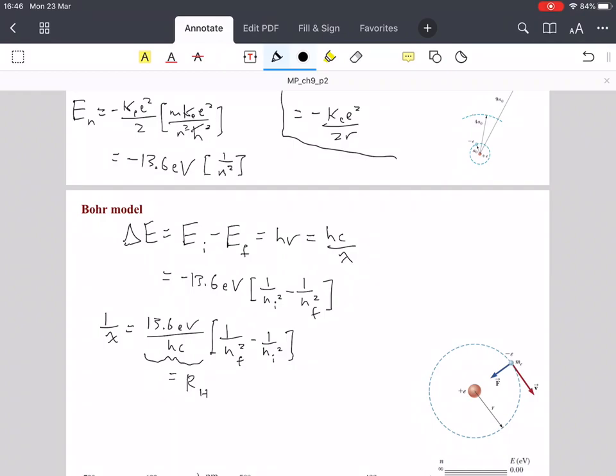So if we plug in that hc is 1,240 nanometers times electron volts, which is just its constant value, then we'll plug that in here.